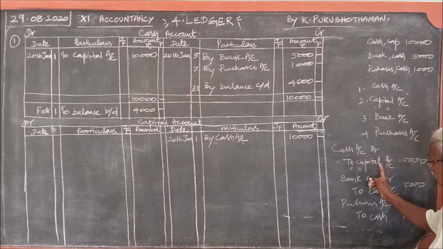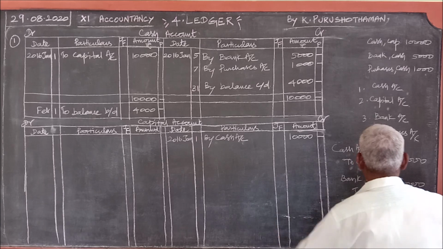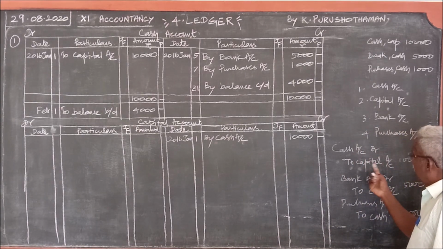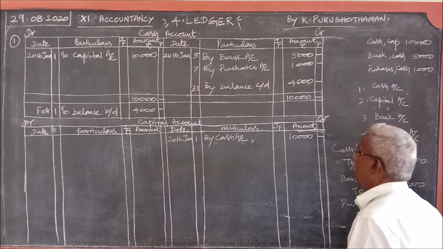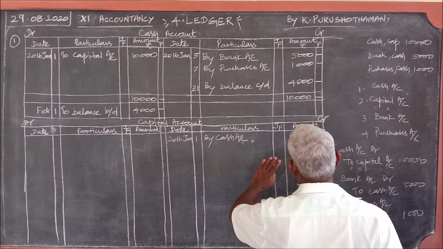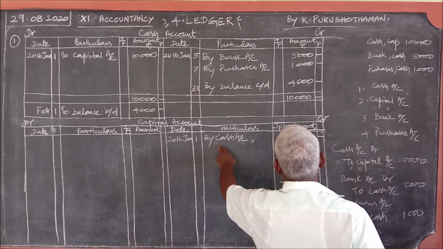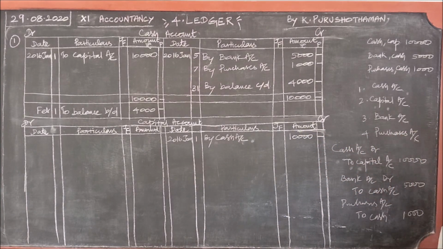Capital appears on the credit side. Therefore, the entry must be on the credit. Not that capital account, but which is coming along with this capital, that is cash, that we should write. What all we write on the credit side, just now I said we should use the word "by cash account" 10,000.